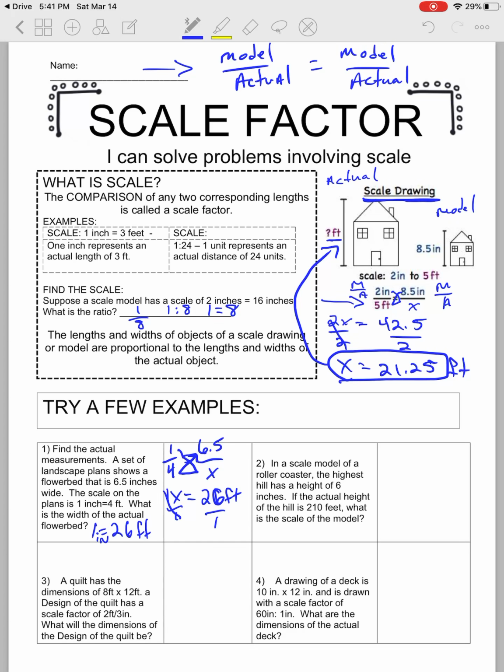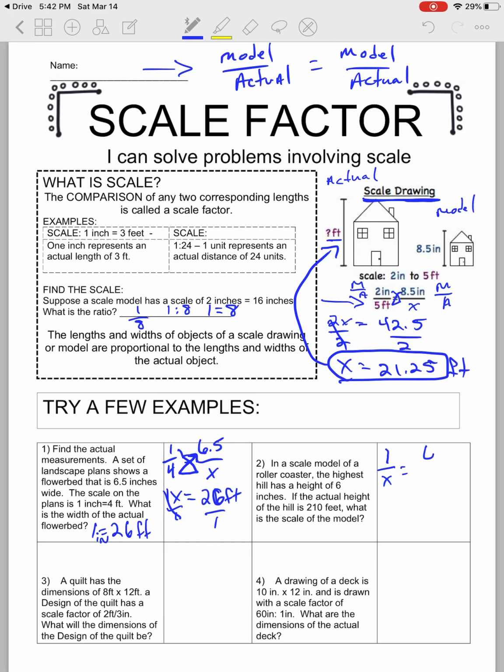Let's look at number 2. A scale model of a roller coaster. The highest hill has a height of 6 inches. The actual height of the hill is 210 feet. What is the scale of the model? Now this one we're going to the opposite side. We're going to go backwards. We're finding something else on our ratio and proportions here, but it's not that bad. Just watch. So we know that it's going to be a scale of 1 to something. We don't know what that is.